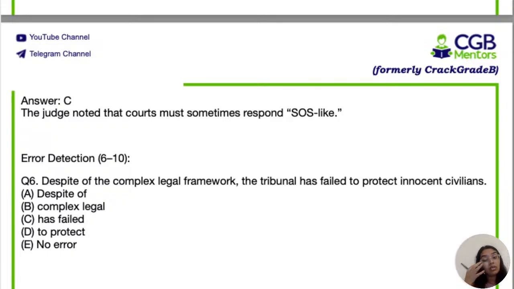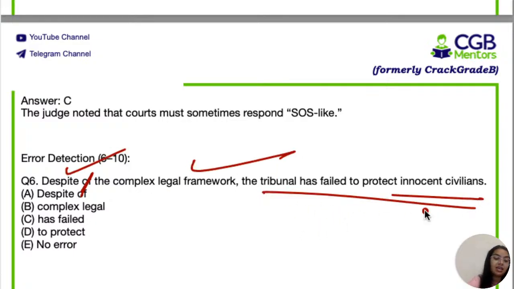Very easy. A is your answer. Despite the complex legal framework, the tribunal has failed to protect innocent civilians.